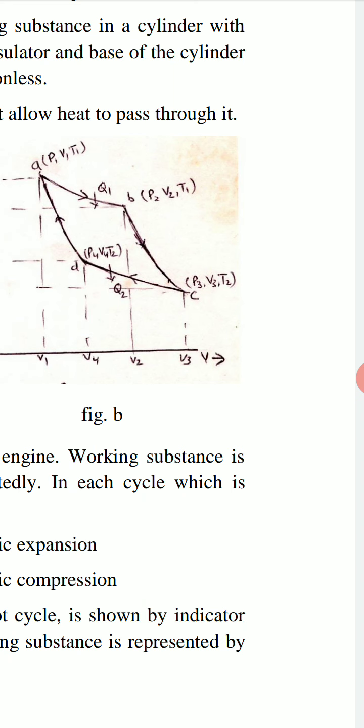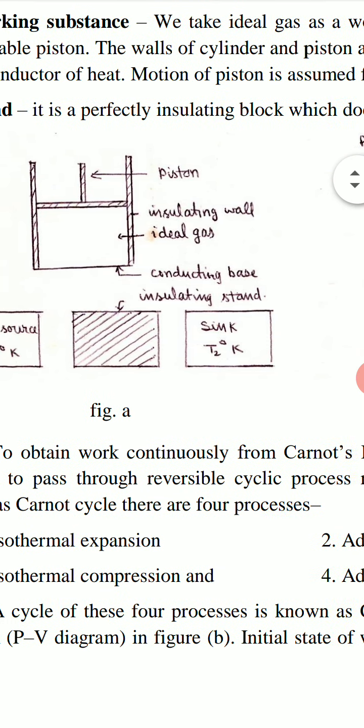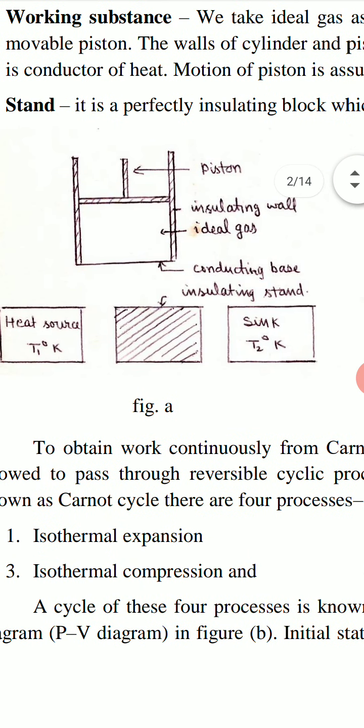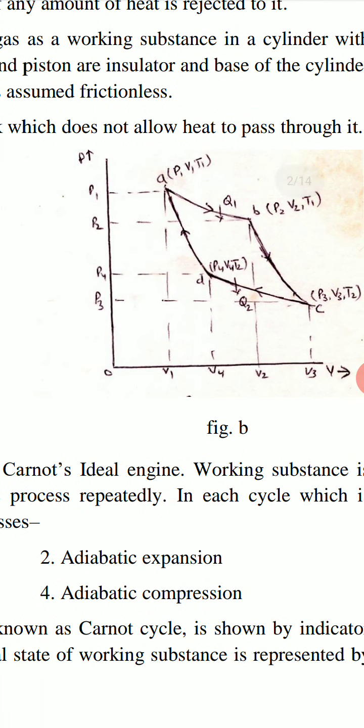Last process is adiabatic compression. For this process, this cylinder is put on insulating stand, and the gas is again compressed. Piston is moved down so that the volume is reduced further from V4 to V1, and now pressure is increased from P4 to P1.